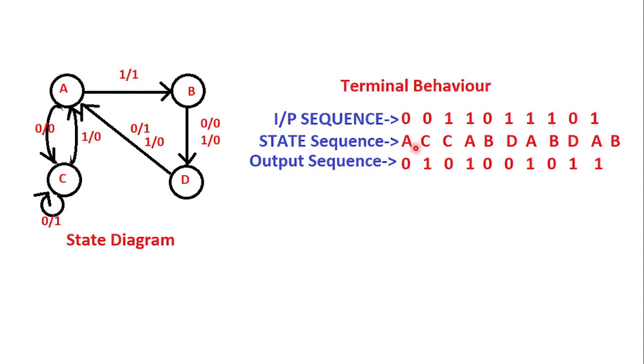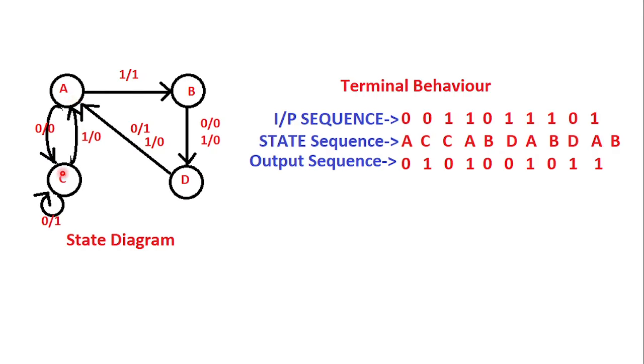Now we will give one clock pulse. When we give a clock pulse, as per this state sequence, A should change to C. So when it is in A, the input is 0 and the clock pulse is applied, it has to move to the C state.